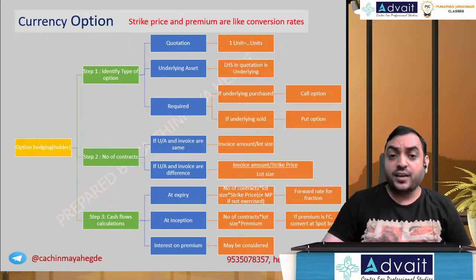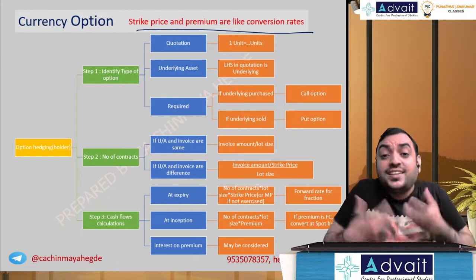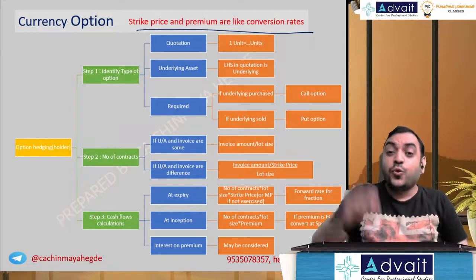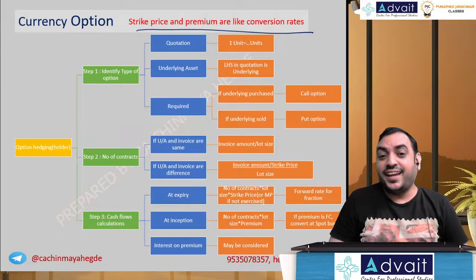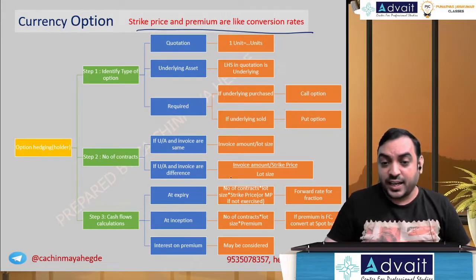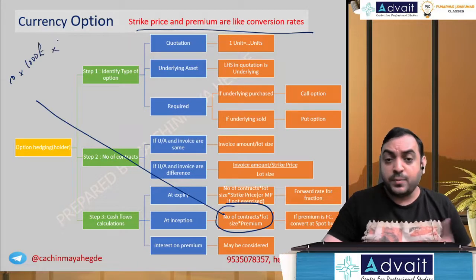And one more small point, strike price and premium are like a conversion rate. What's the nature of a conversion rate? When I multiply by the conversion rate, another currency is obtained. For example, let me take this one. Number of contracts, 10 contracts. Lot size is, let's say, 1000 pounds. And premium is, let's say, 1 pound equals $0.25.